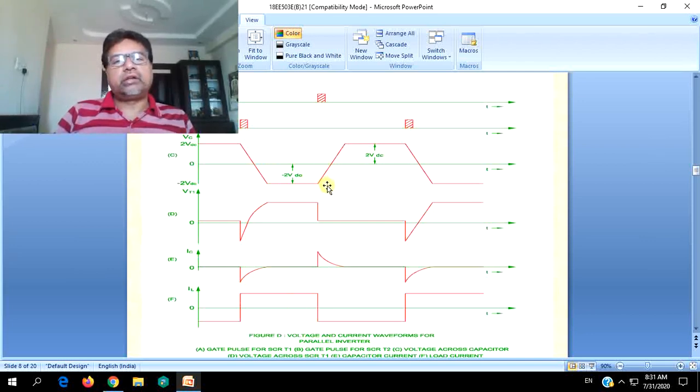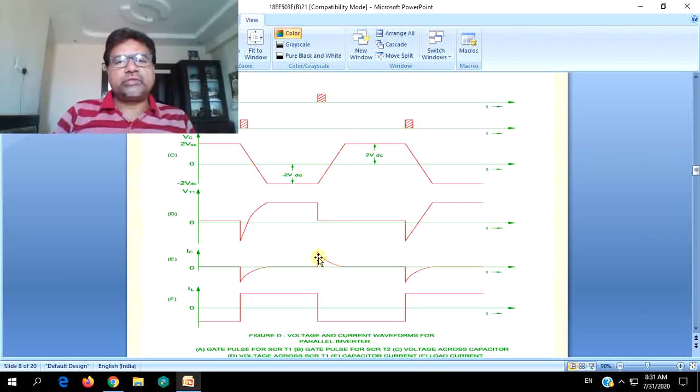And in alternate cycles, SCR2 and 1 are triggered together. When the gate signal is given to SCR1, the opposite of the first interval occurs. Now the capacitor discharges in reverse.